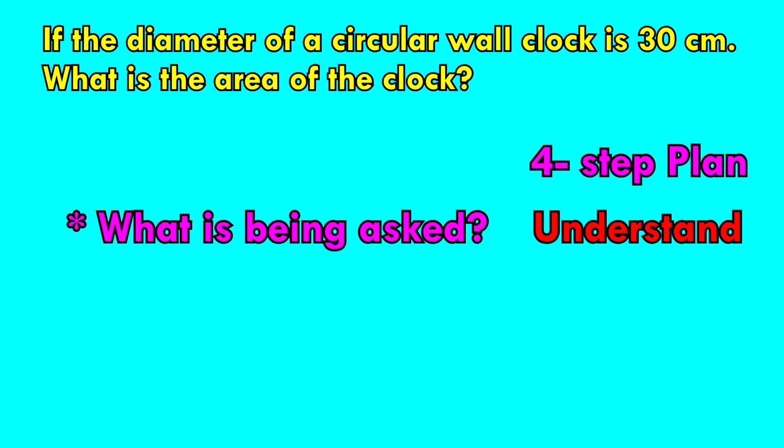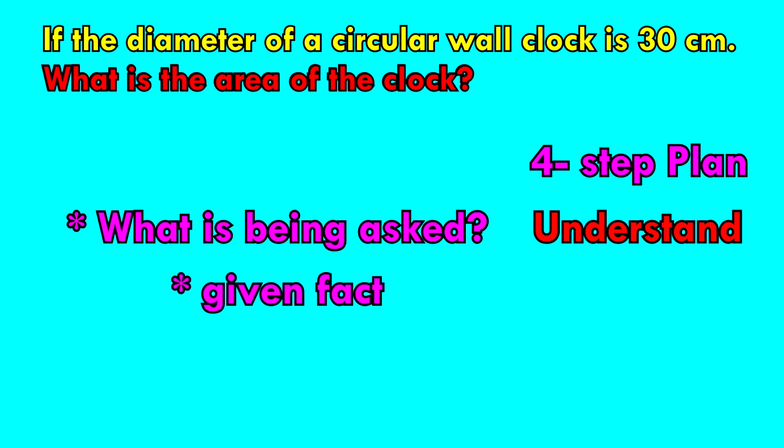For this problem, the question is, what is the area of the wall clock? Then we also need to look for the given fact. For this problem, the given fact is a wall clock with a diameter of 30 centimeter.